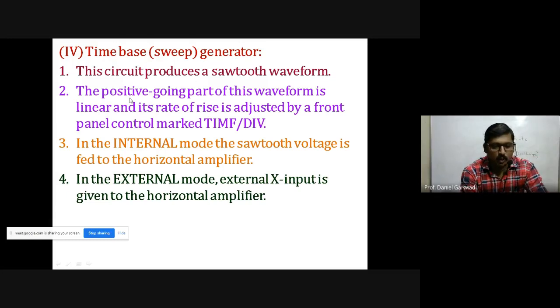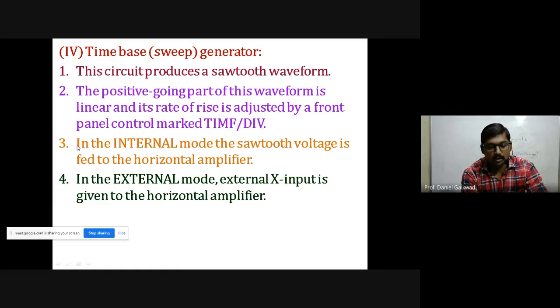Second, the positive going part of the waveform is linear and its rate of rise is adjusted by the front panel control marked time per division. Here the word is TIME, oh sorry, TIME with an E. So time per division.